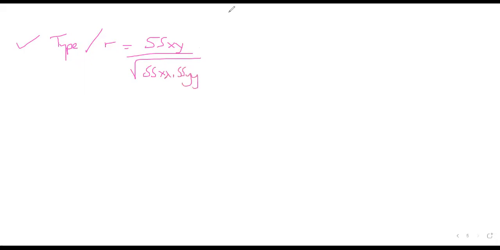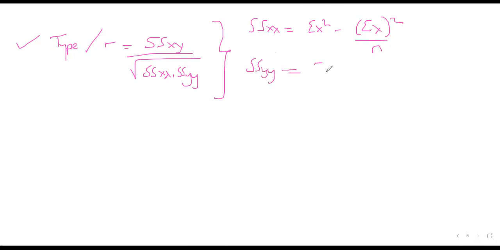What are these xx and yy? The variation in xx is simply given by summation of x squared minus summation of x to the power 2 over n. And what is yy? It's the same thing, just put y's everywhere. Variation in y is simply summation of y squared minus summation of y to the power 2 over n.